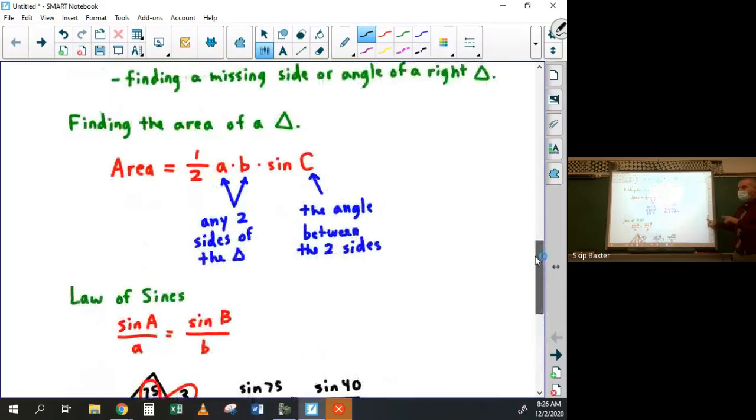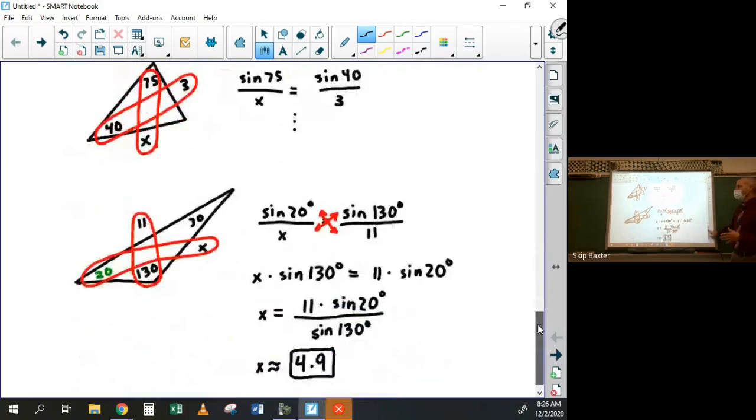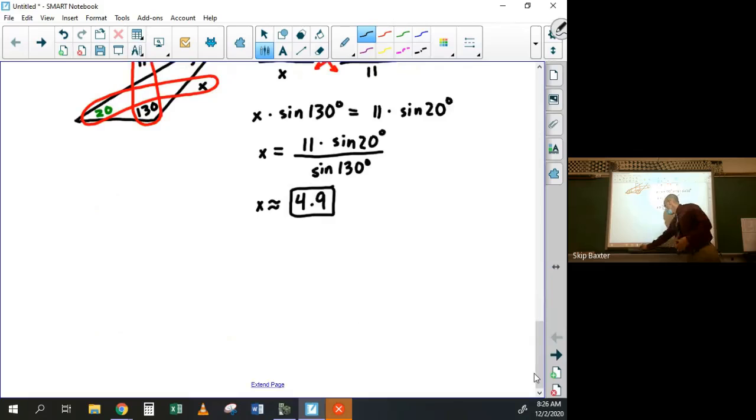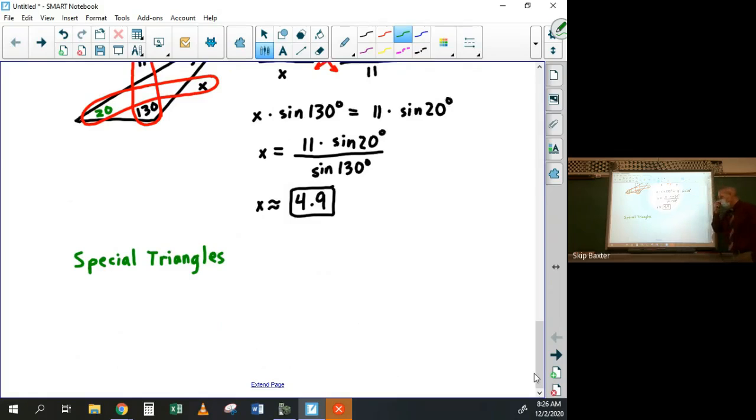All right, then the final thing that's going to be on the test is what we're doing the next couple days, which is special triangles. I'm actually not going to do that today because I'm running out of time.